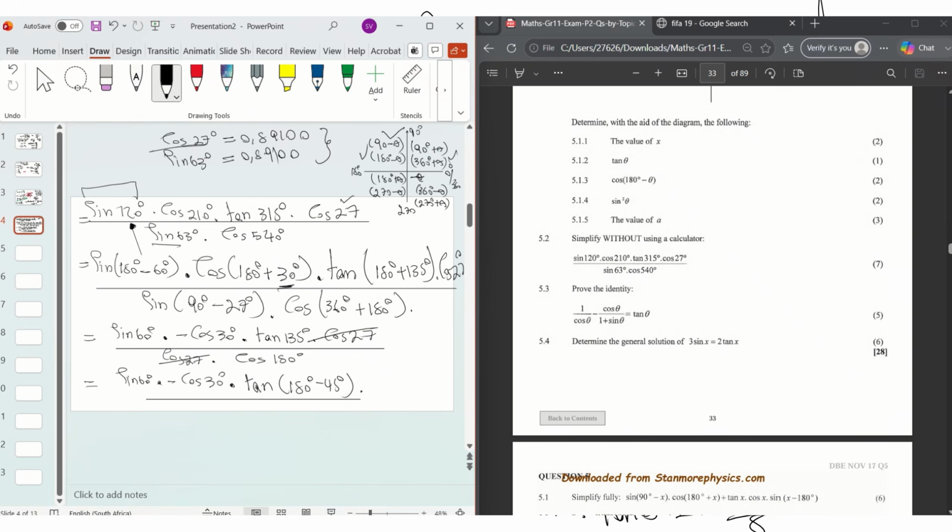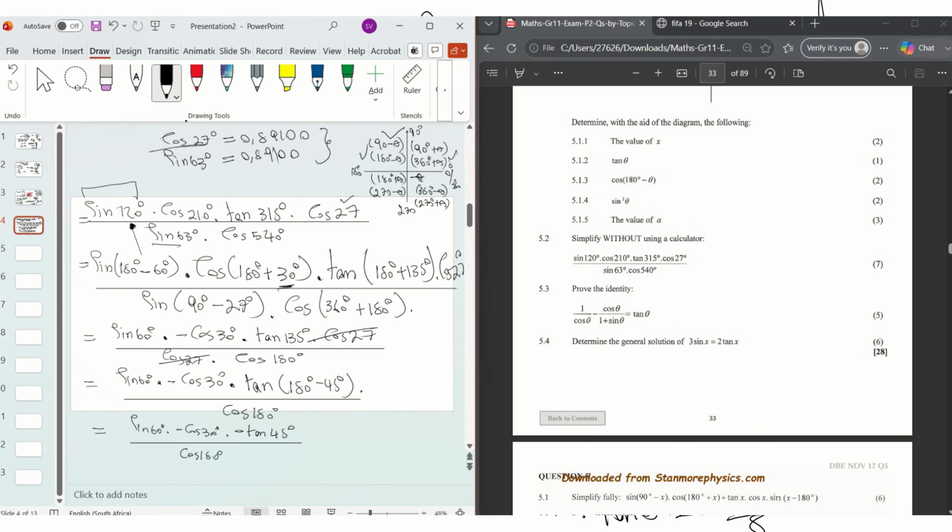Divided by cos 180. Again, sine 60 times negative cos 30. Then tan 180 minus 45, which quadrant is that? The second quadrant. How is tan in the second quadrant? It's negative. So we have negative tan 45 degrees divided by cos 180.